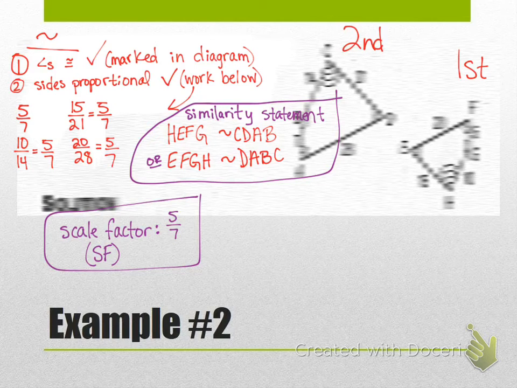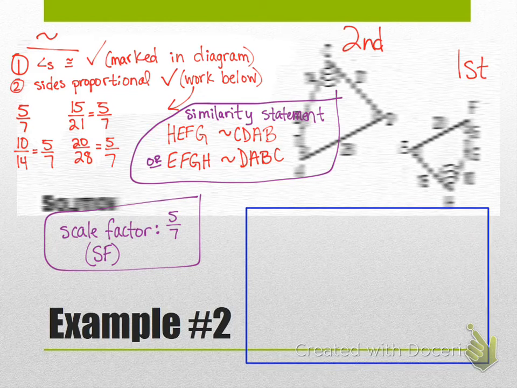Okay, one thing I'm going to write off to the side here down at the bottom. When you're reading the directions, if they ask for a similarity statement, then they mean one figure, so A, B, C, or it could be bigger, similar to X, Y, Z. That's what it looks like to have a similarity statement.